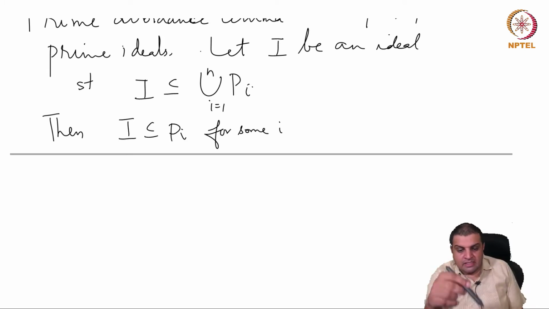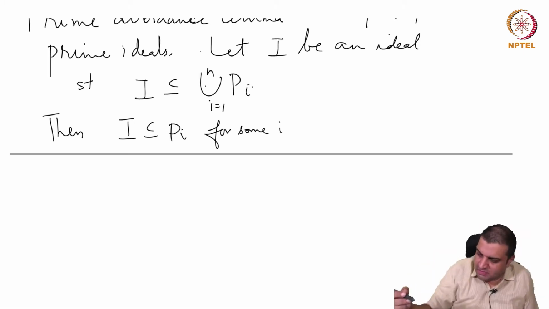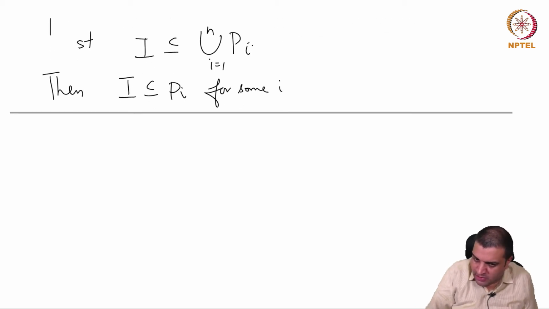Prime avoidance is usually the contrapositive statement, which is that if I avoids each of the Pi, I is not a subset of each of the Pi, then I is not a subset of the union. Sometimes that's how it's used. Okay, so that's why it's called the prime avoidance lemma.